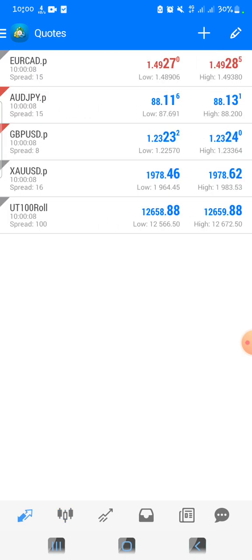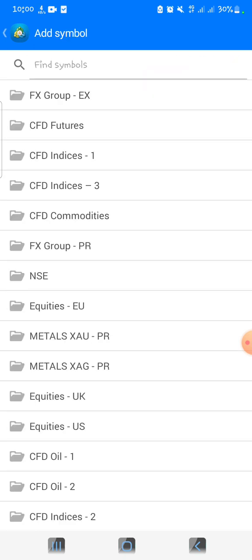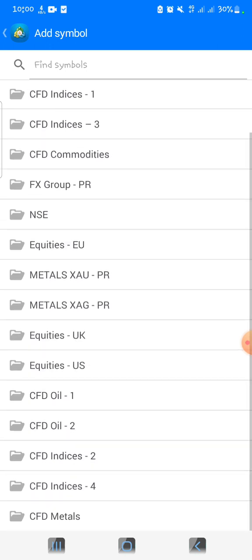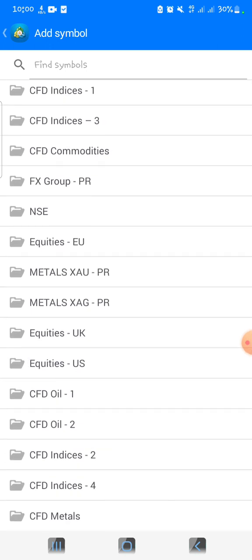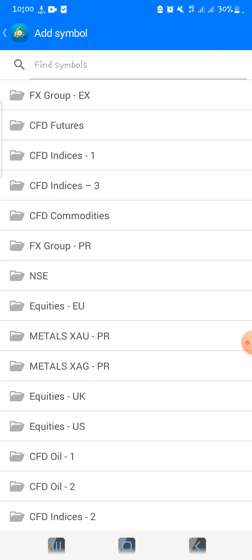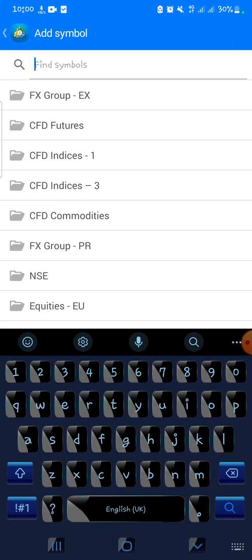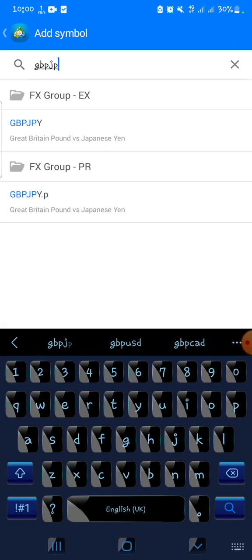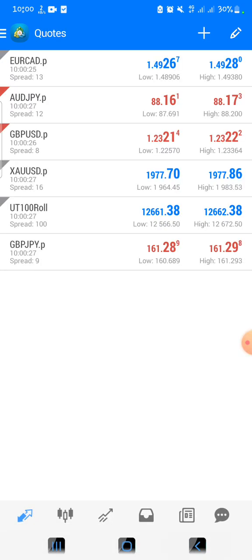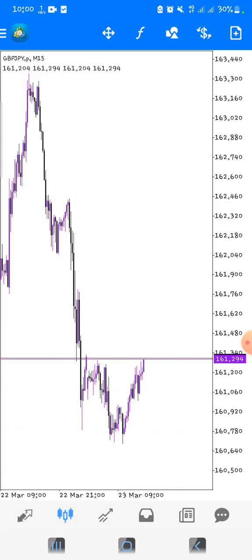Okay, yeah, so which example will I use? Let me add another trading instrument. So okay, let me search for something like GBP, Japanese yen. Yeah, let me try and trade this to illustrate for you.